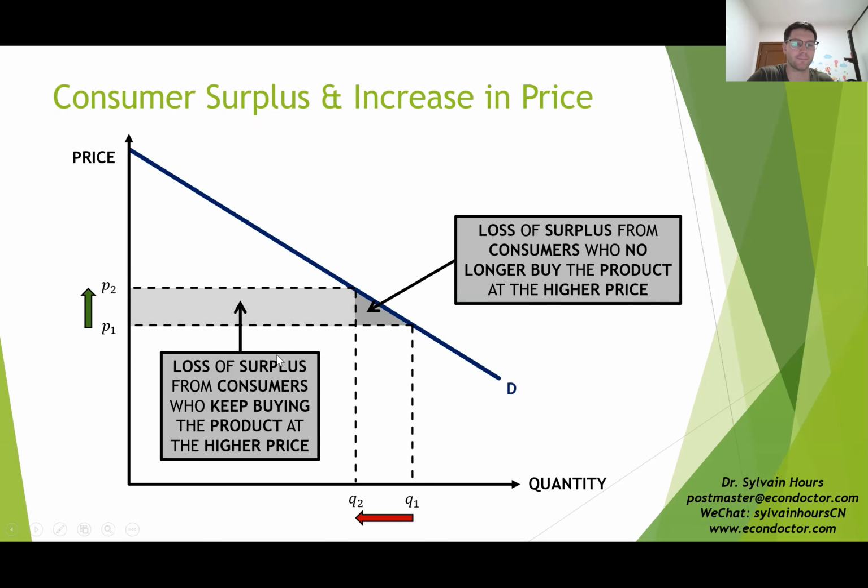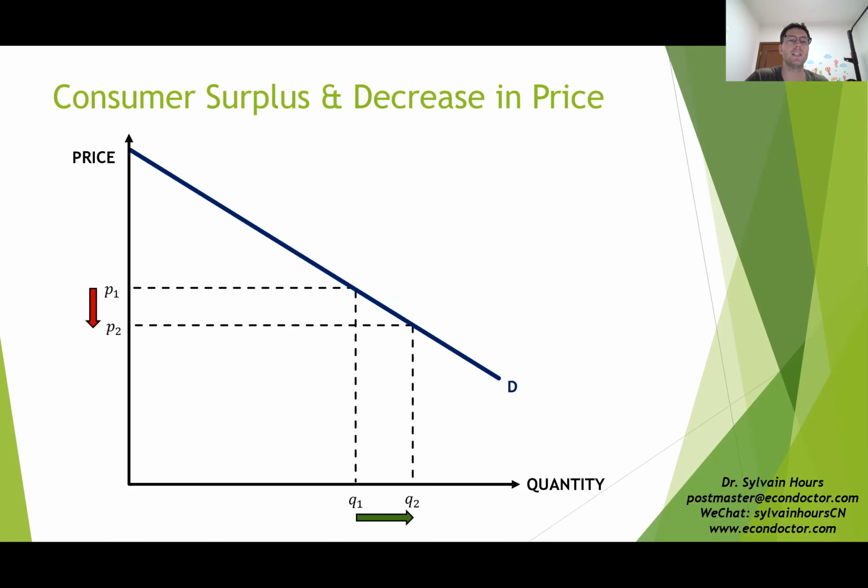This one is the loss of surplus of the consumers who still keep buying the product even though it's more expensive. But because it's more expensive, their surplus decreases. And this small triangle is the loss in surplus of those who stop buying the product because it's too expensive now. And if you add those two areas, you get the total loss in consumer surplus.